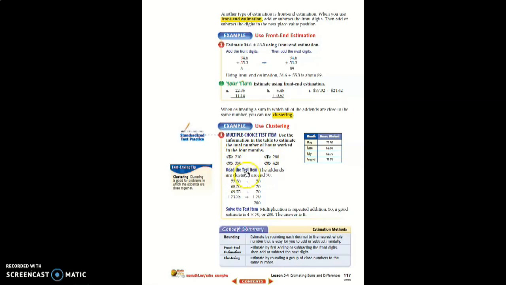Read the test item. The addends are clustered around 70. Solve the test item. Multiplication is repeated addition, so a good estimate is 4 times 70 or 280. The answer is B.